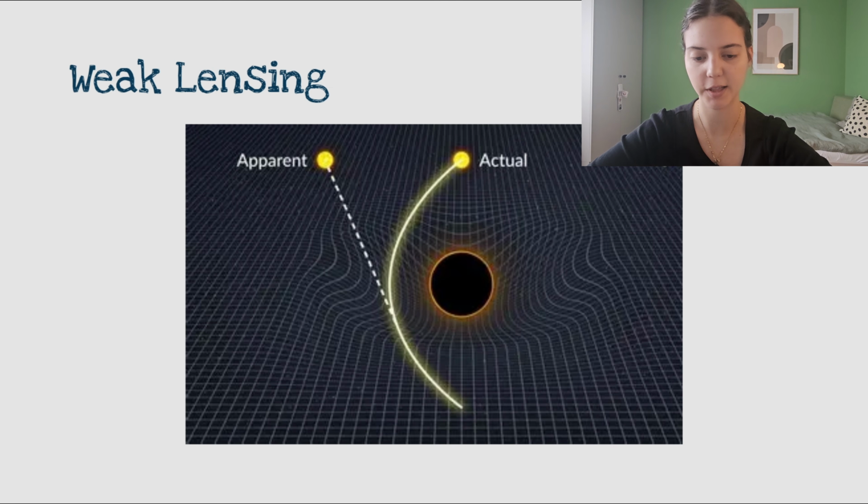So to just explain what lensing even is, it's basically when an observer, so if we start down here, looks at a distant star and say there's a massive object in the way. The light from that star gets bent by the curvature of space-time, because light will always take the path of least resistance, the path that is shortest to travel.